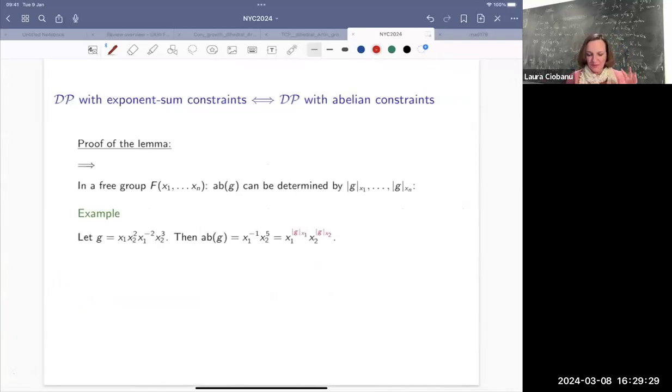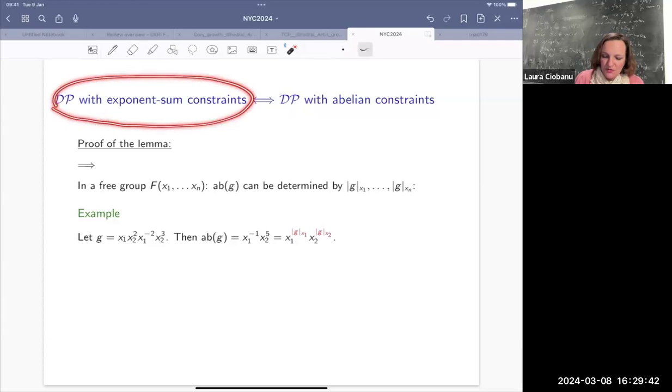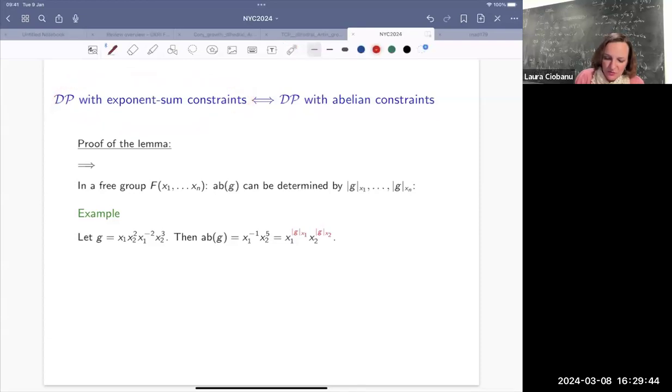So let's see what I mean with all of this, because yes, it can get heavy, but I don't want it to. I want to remember I had this lemma which said the Diophantine problem with exponent sum constraints, so we are in the free group, is essentially the same as the Diophantine problem with the abelian constraints. So question 3 and question 2.